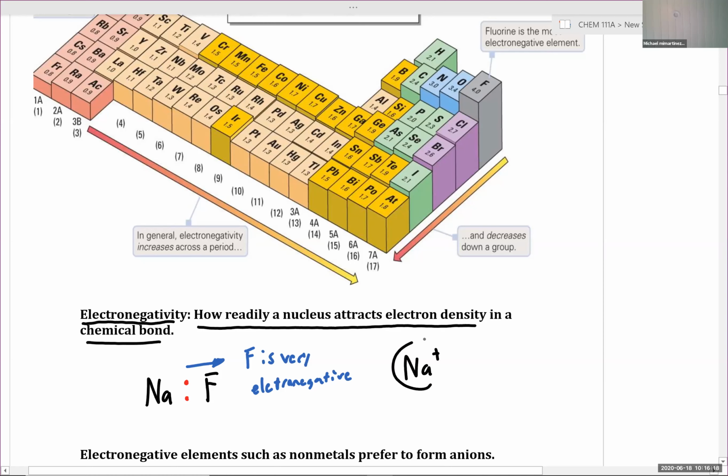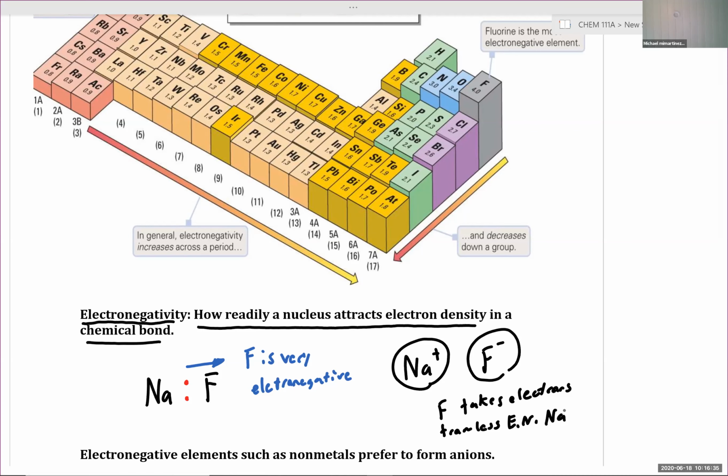In this case, we get an ionic compound as the fluorine takes the electrons from the less electronegative sodium. So I like to think about electronegativity in terms of how strongly our atom pulls electron density towards itself in a chemical bond.